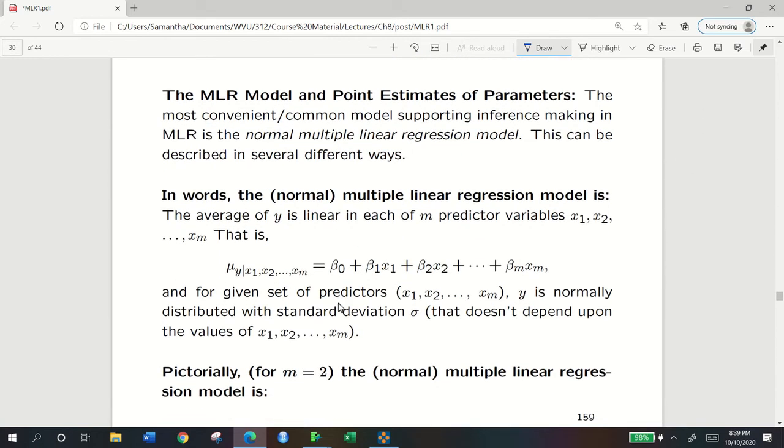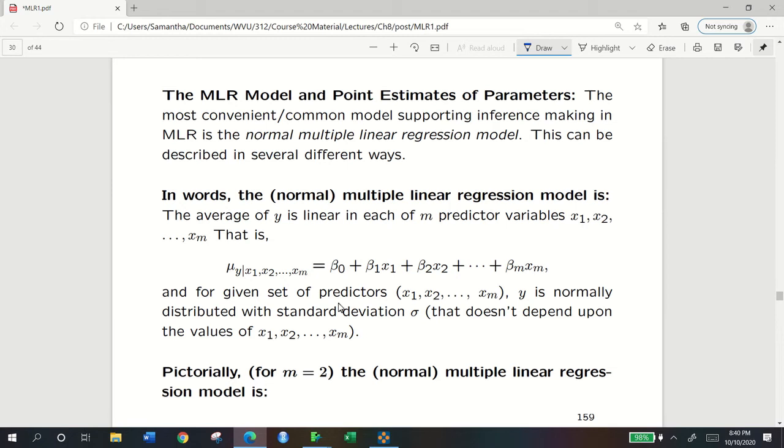So now let's take a look more at our point estimates of our parameters as we continue on in this lecture. The most convenient or common model supporting inference making in MLR is the normal multilinear regression model that we've already introduced before. In words, the normal multilinear regression model is the average of y is linear in each of m predictor values, x1, x2, all the way to xm.